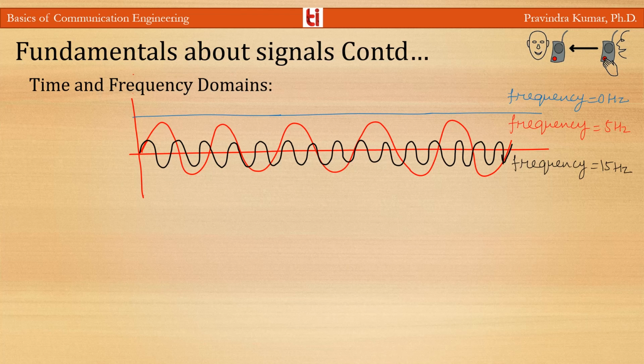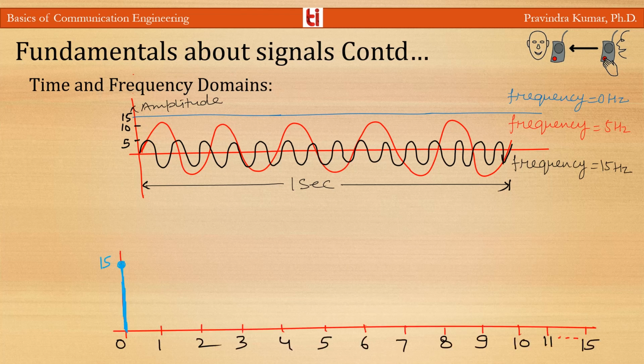The maximum amplitudes of these three signals are 5, 10 and 15. So this is the time domain representation of three sine waves with frequencies 0, 5 and 15. All three can be represented in the frequency domain by three spikes.